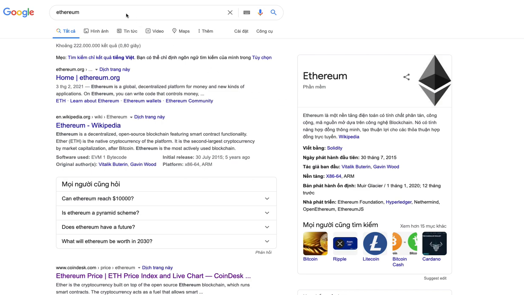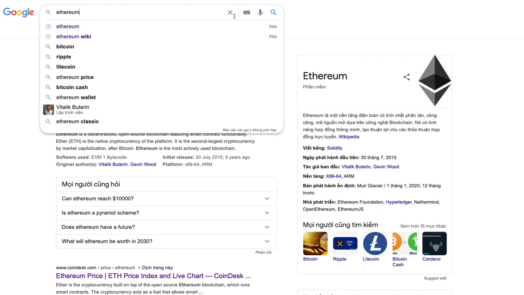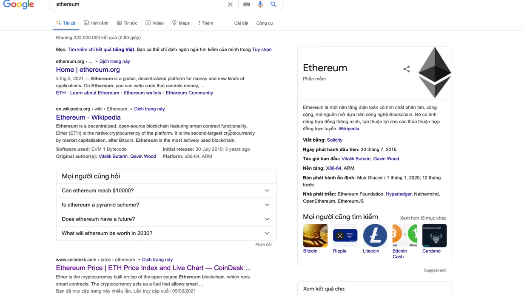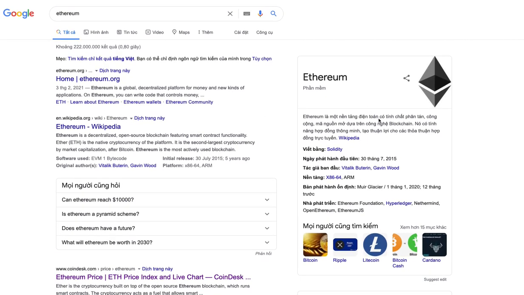So I will start with Ethereum. Simply Google Ethereum here. You see a lot of links, and usually if you're a beginner, it's good to start with Wikipedia. Several things that you should know: you should know who the creator behind it is.